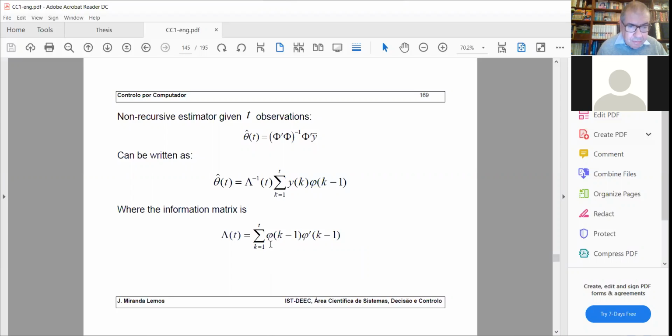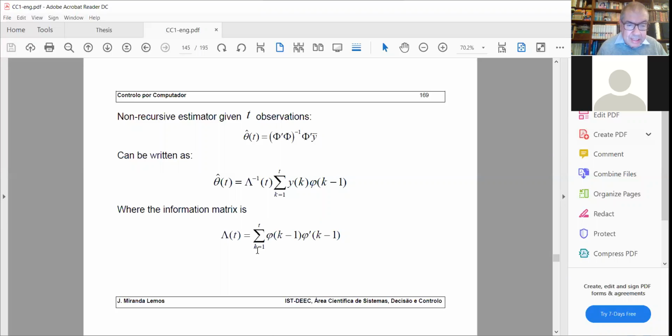You see that phi is a column vector, and phi transpose is a row vector. So when you multiply a column vector by a row vector, you get a matrix. And each of these matrices has rank 1.